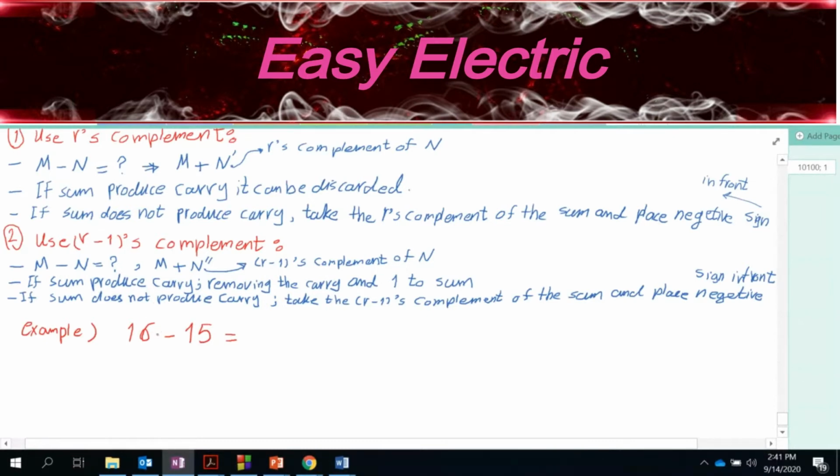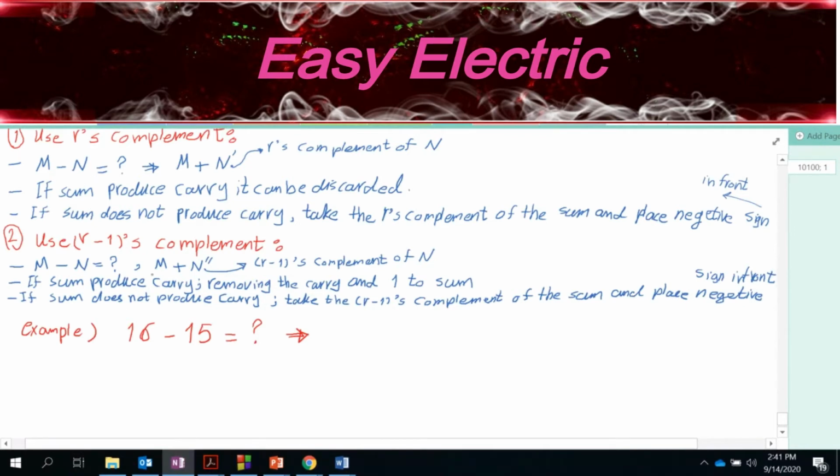I want to subtract 16 minus 15, but I don't have any hardware able to do the subtraction. I can only add two numbers. So let's use the r's complement first. I'm in base 10, so using the r's complement means using the 10's complement. Based on what we learned, I want to calculate m minus n.